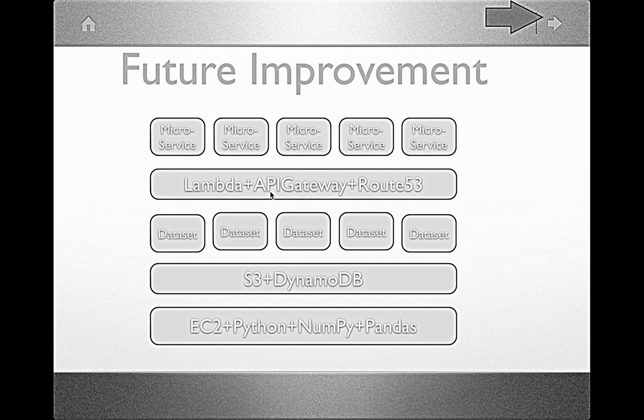Then Lambda plus API Gateway plus Route 53 can offer a more friendly and flexible interface to different customers, offering different microservices using different data sets.